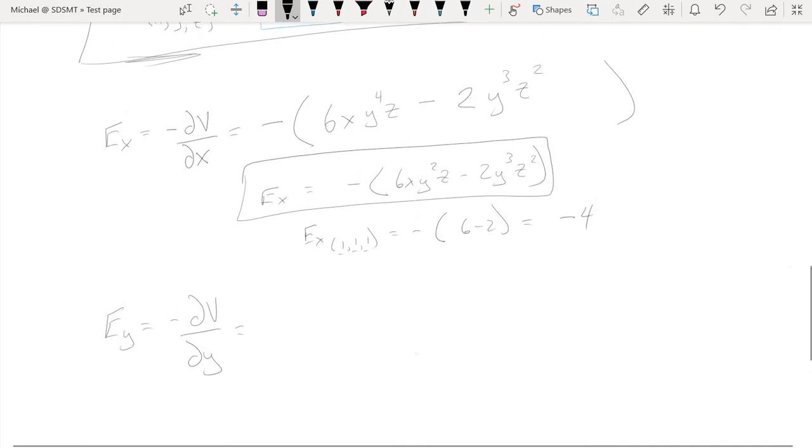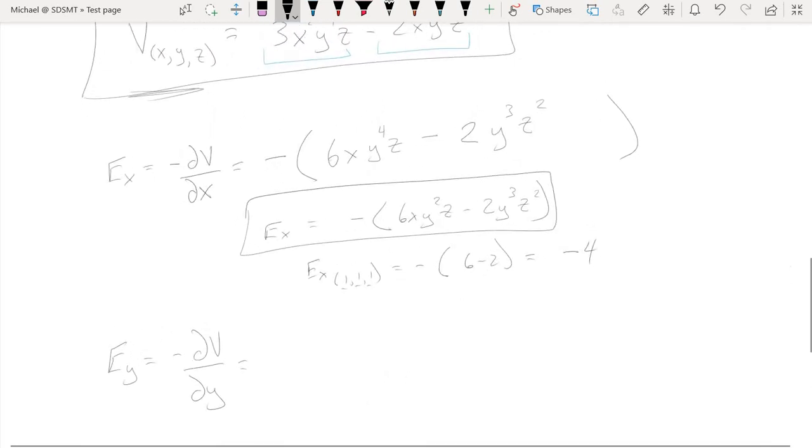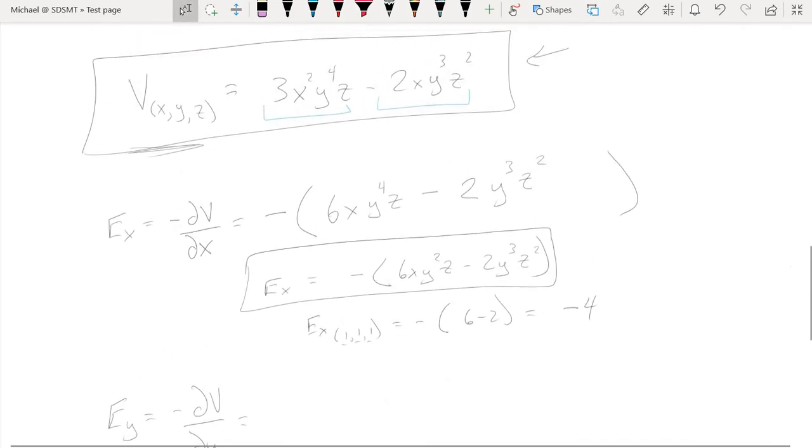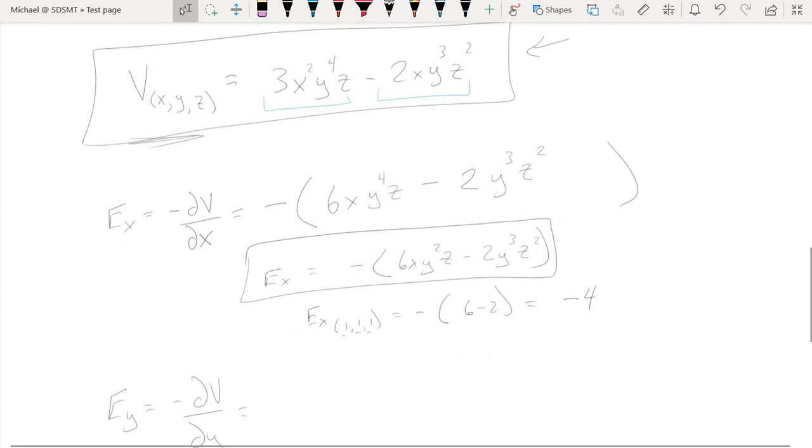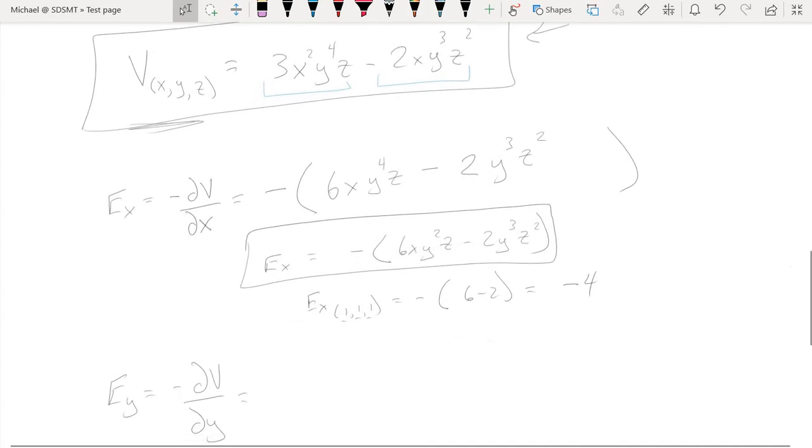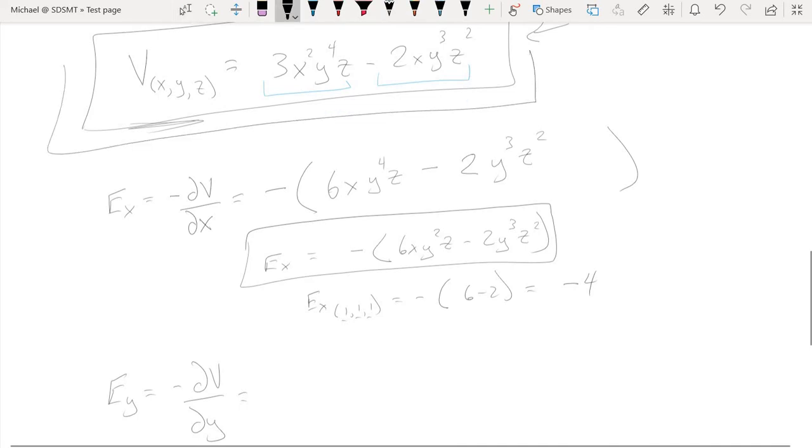Okay, so now we need to find the y component of the electric field. And we're going to do that by taking the partial derivative of our electric potential with respect to y.